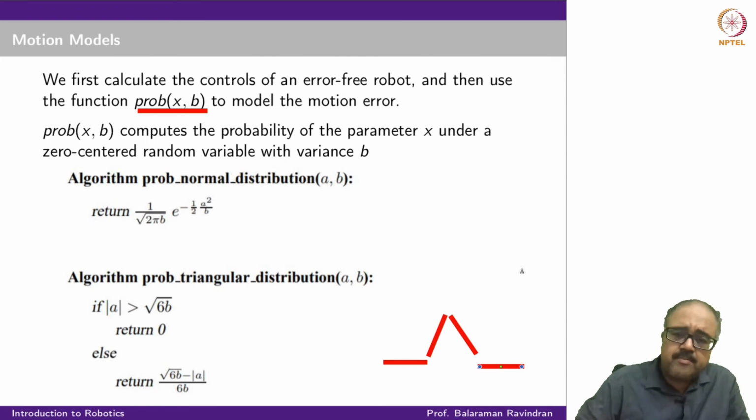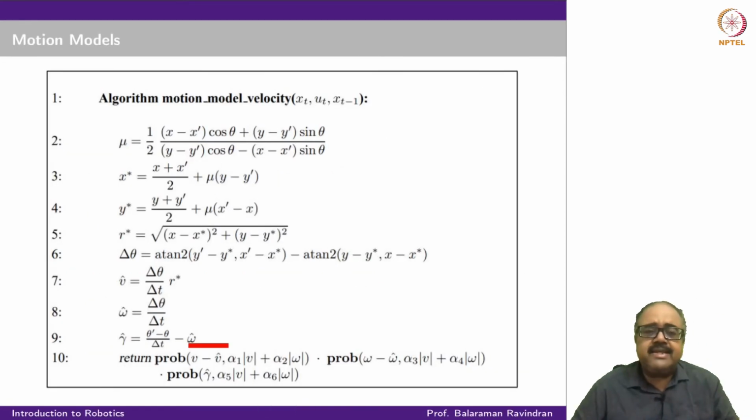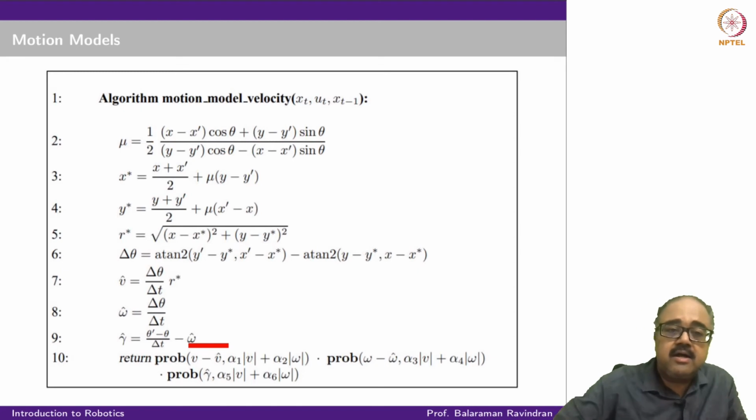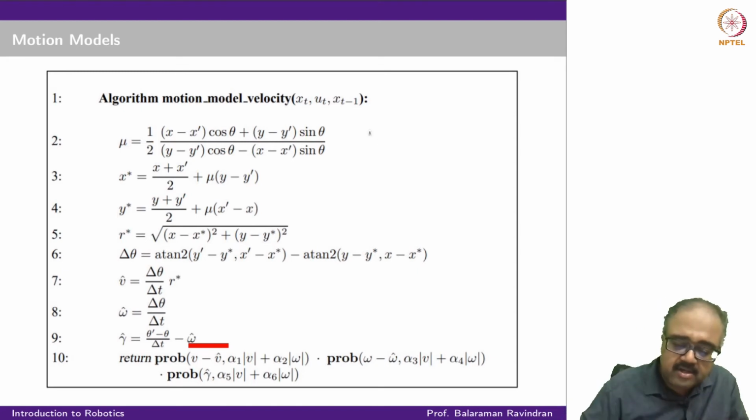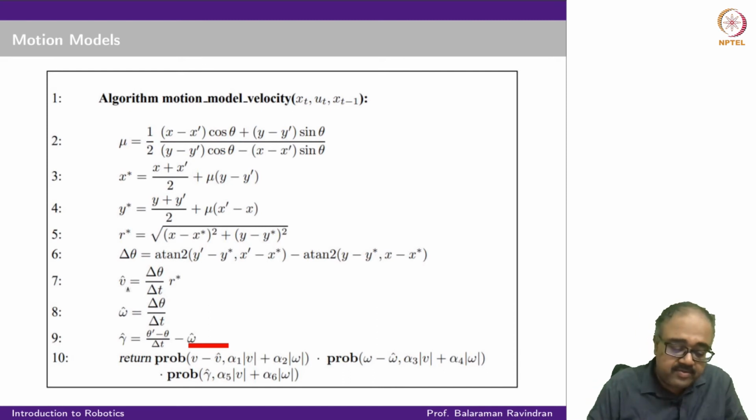So, it's a little complicated. A lot of things are packed into this. Basically here we assume that there is an initial noise-free transition, but the actual velocity that is applied to it is v hat and omega hat plus gamma hat.